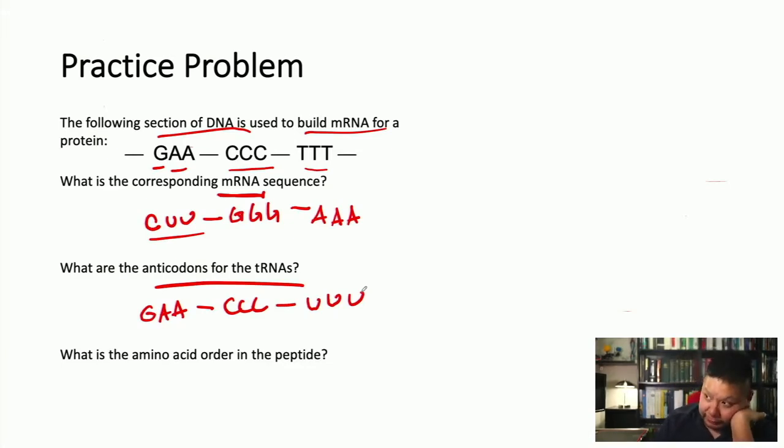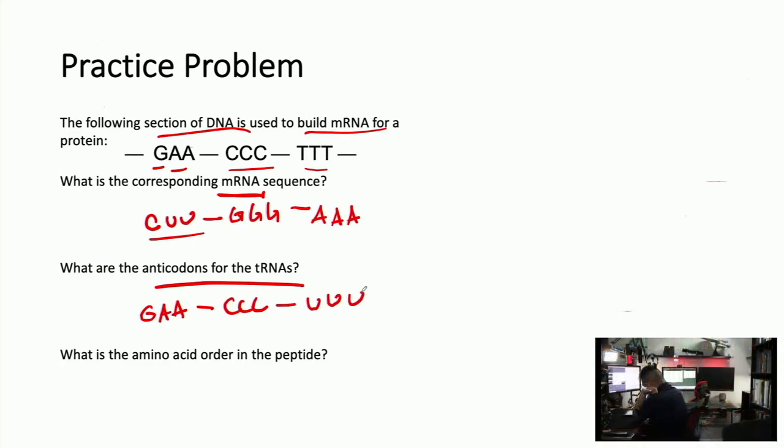And if we look up in our amino acid chart which ones they are, right? Remember that in our amino acid chart, they're not anticodons that are in that chart, they're actually codons, so we need to go back to the codon, which are those.